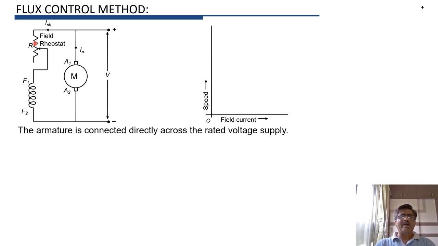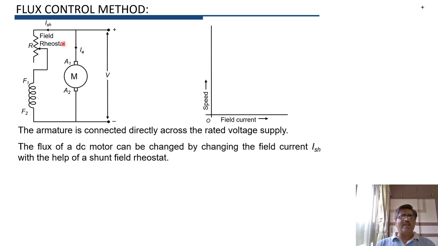And therefore by changing the value of this field rheostat, we can change the current ISH which is flowing through the field winding. And if ISH is changed, flux produced by field winding will also change. And therefore it is possible to change the flux phi by changing this field rheostat.